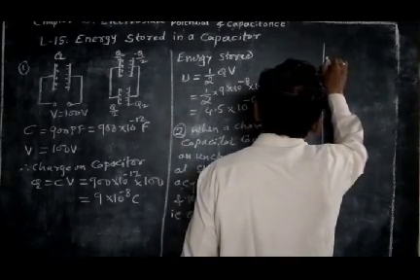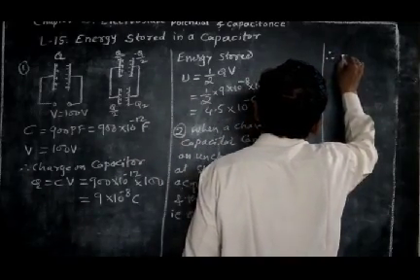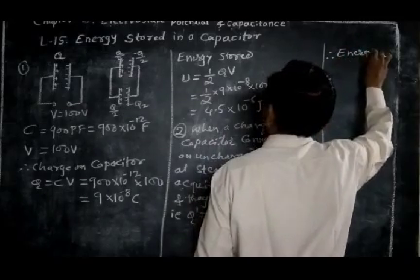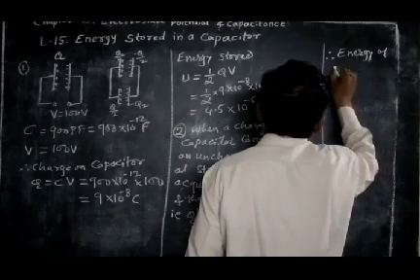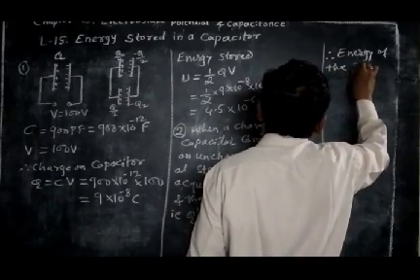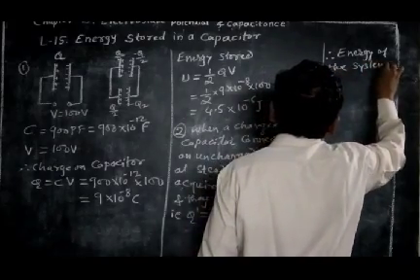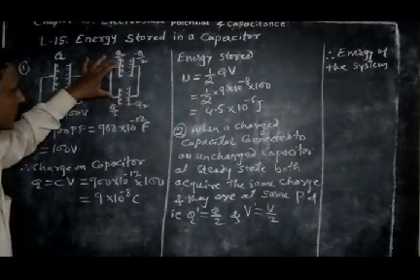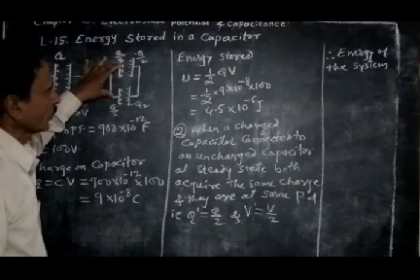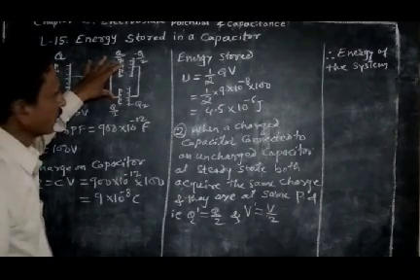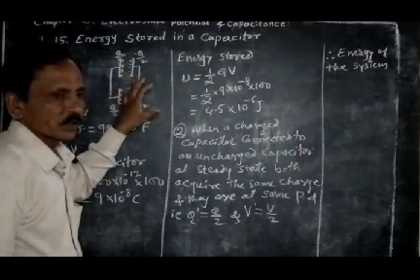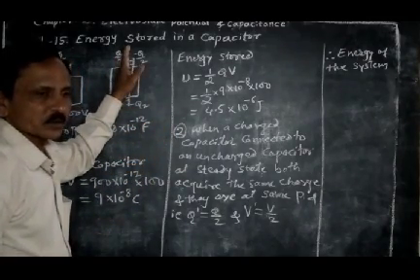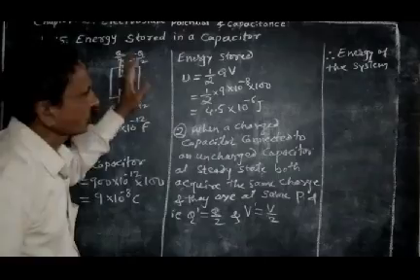Therefore, the energy of the system of two capacitors: these two capacitors are in parallel, and for parallel combination the effective capacitance is 2 times its capacitance.